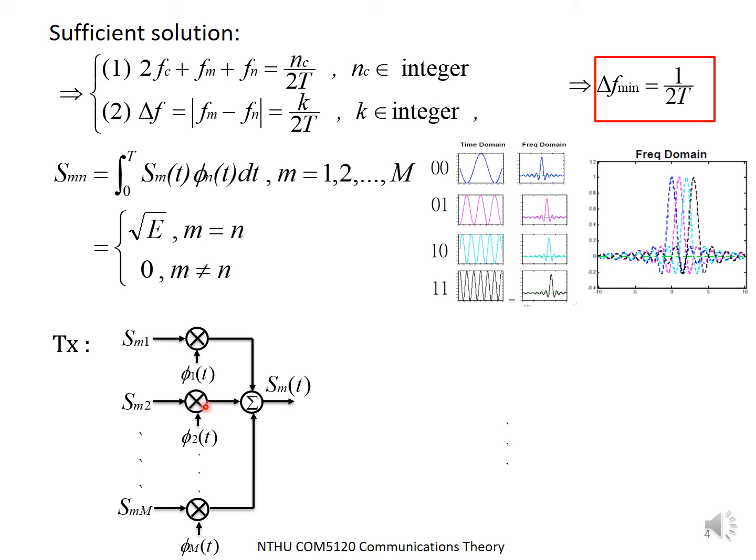However, as you can see, s_1(t) contains value on s_11 only, and s_2(t) contains value on s_22 only, and the rest are 0.